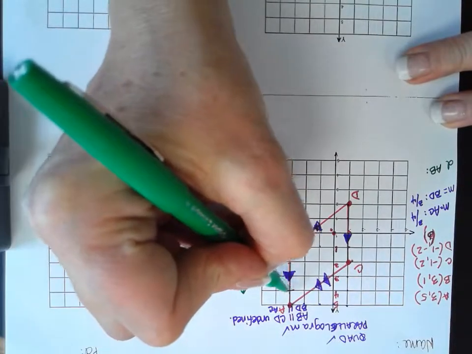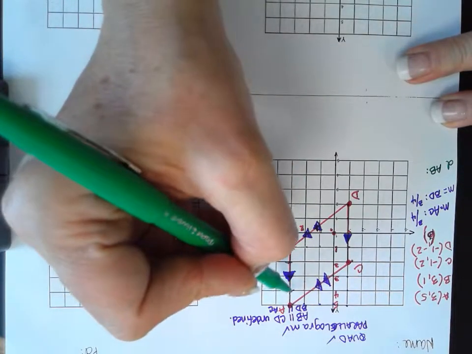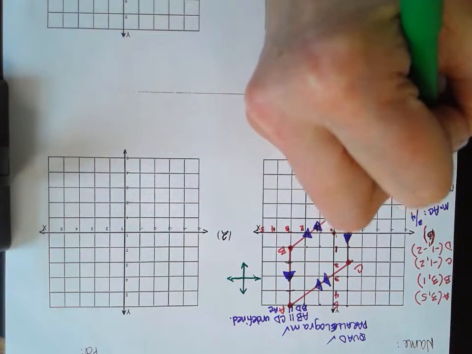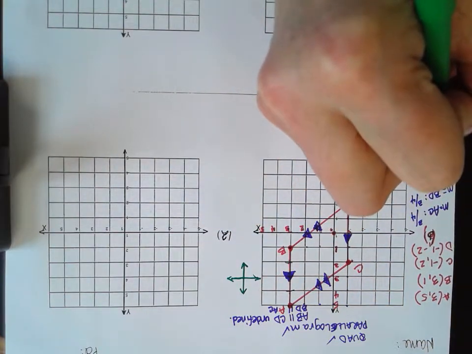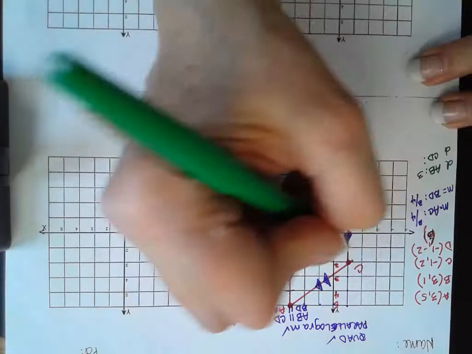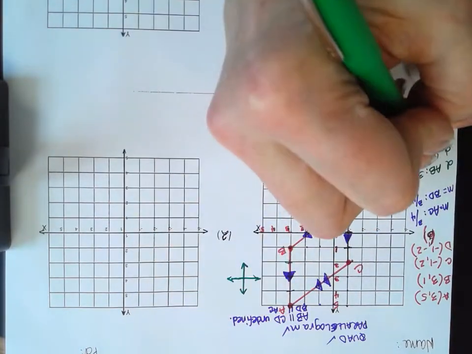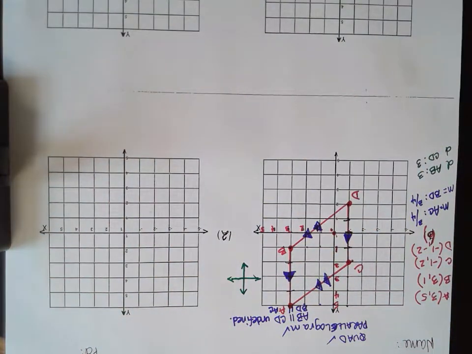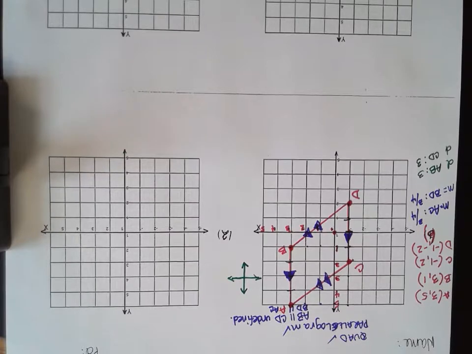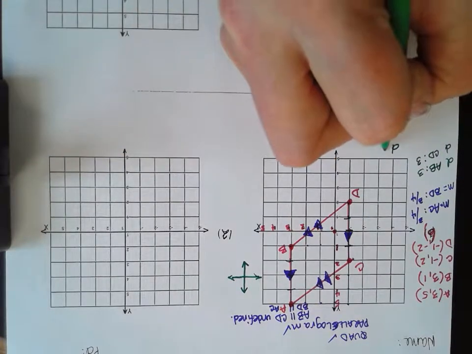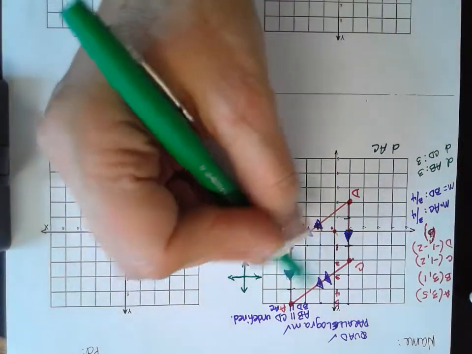Let's find the distance. AB is going to be easy because it's a straight line, so I can just count it: 1, 2, 3. And the distance of CD is going to be easy because it's just 1, 2, 3. Perfect. But now I need to find the distance of AC.